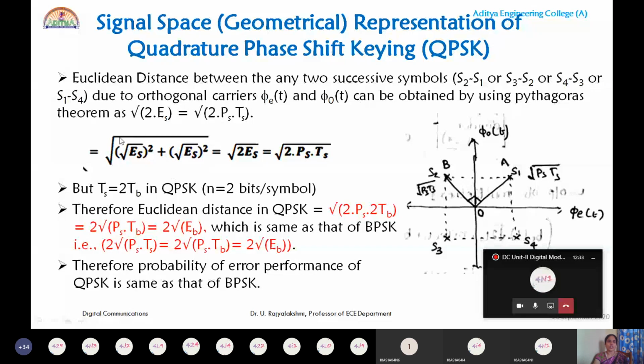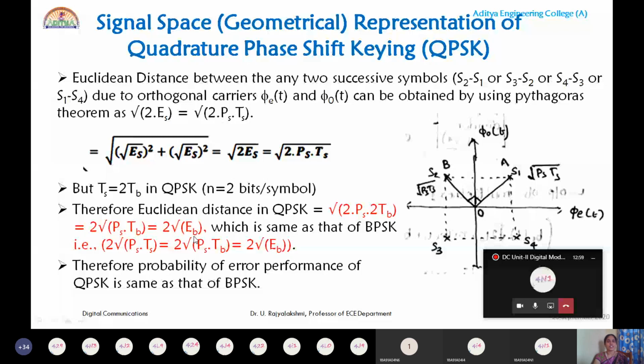So using Pythagoras theorem, you can obtain it as root(2 Es), which equals root(2 Ps Ts), where you can replace Ts as 2 Tb. In QPSK, please replace Ts as 2 Tb. If you replace, you can get it as root(Ps Tb), which is 2 root(Eb).